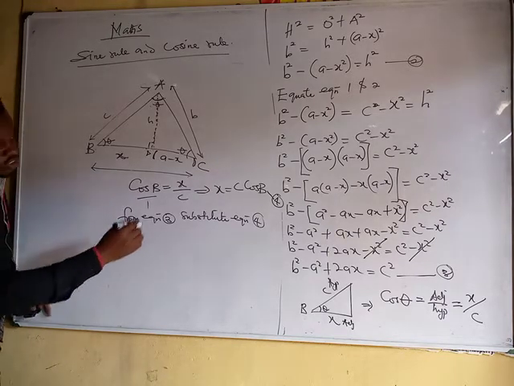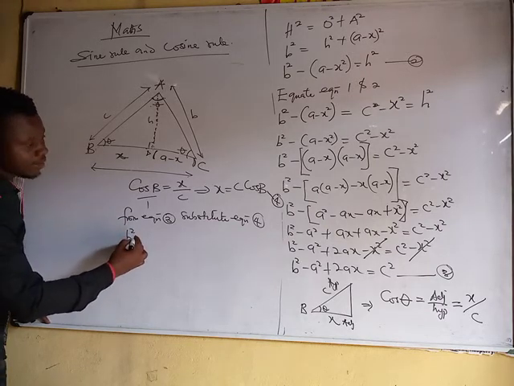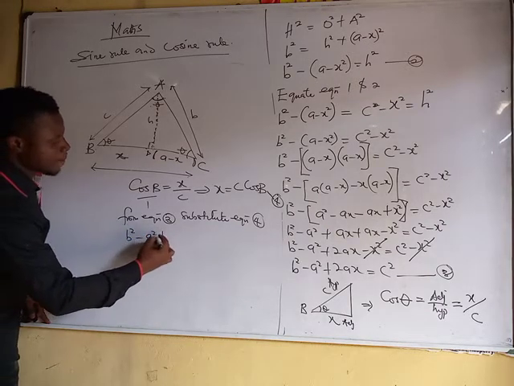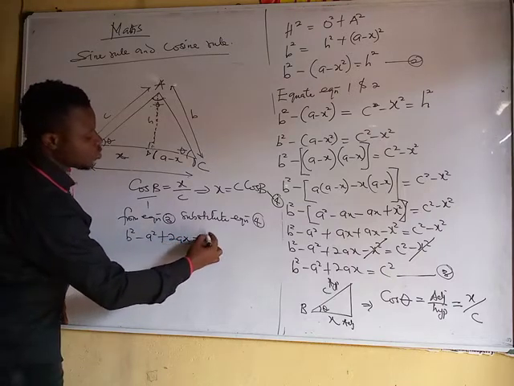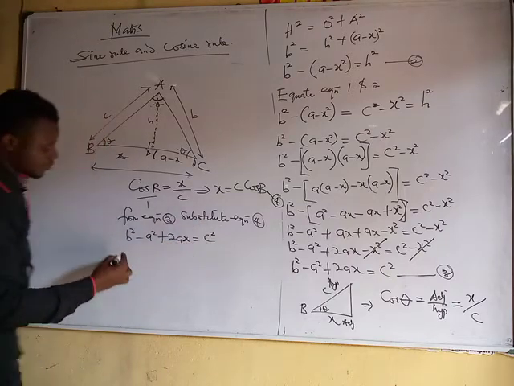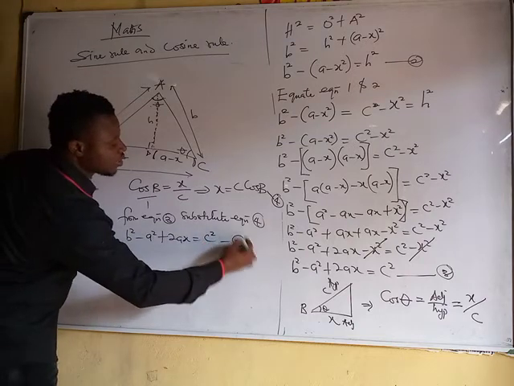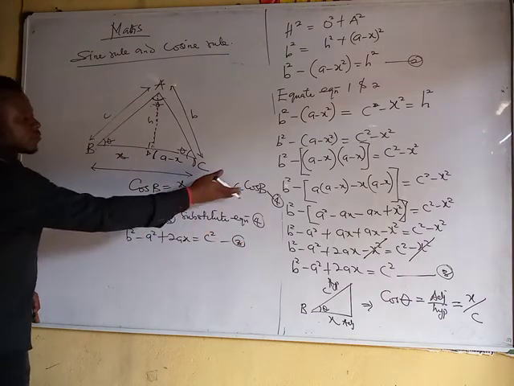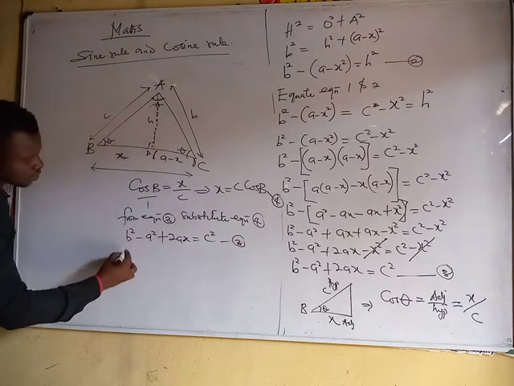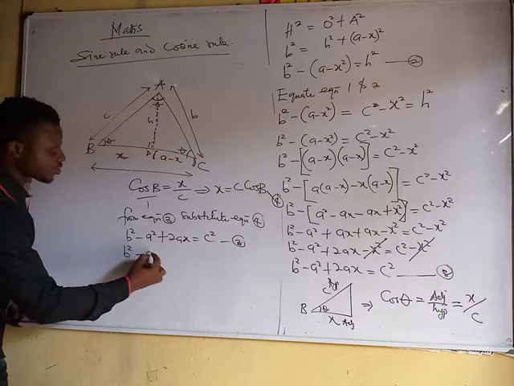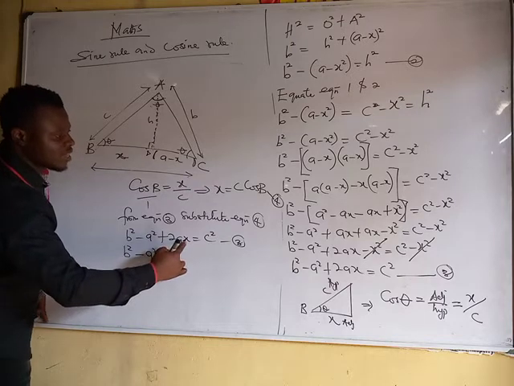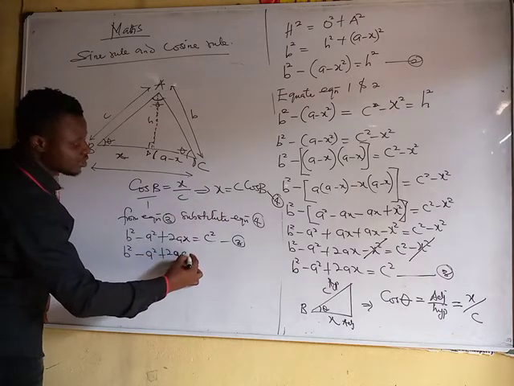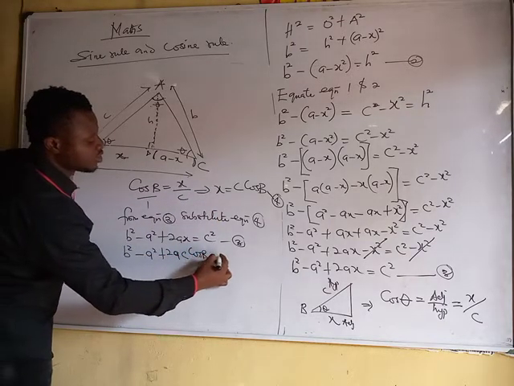From equation 3, substitute, which means we have b square minus a square plus 2as equal to c square as equation 3. Let us substitute equation 4 into this equation. b square minus a square plus 2a. What is our s? Our s is equal to c cos of B is equal to c square.